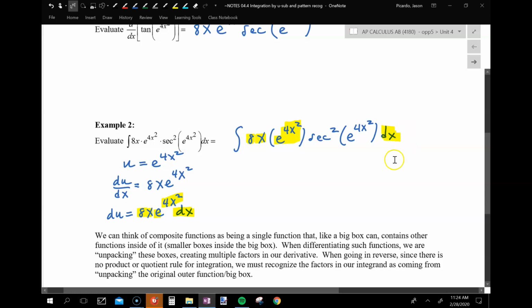So what can I do? Well, can I take this and this and this and substitute in a du? Seem reasonable? Okay, Brandon, this yellow term and this yellow term equals this, right? Well, can I replace these three things with a du? Okay, so I'm going to do that.